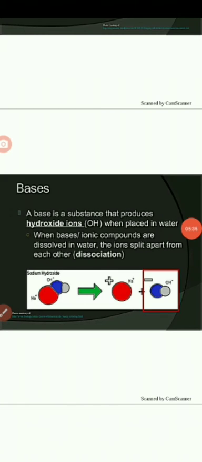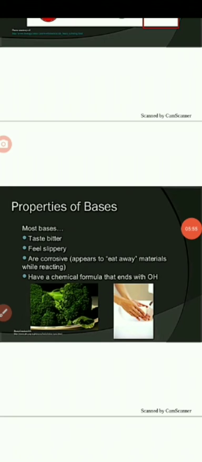An acid starts with H plus, and a base ends with OH minus.